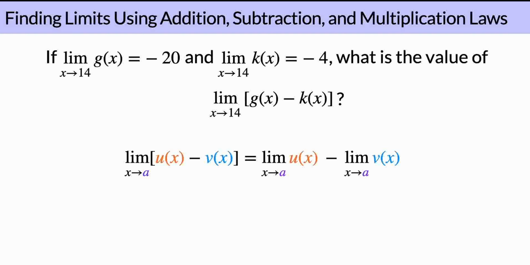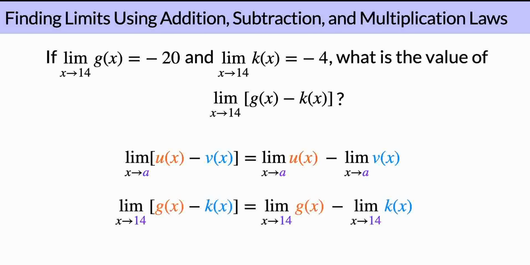The limit of the difference g of x minus k of x as x approaches 14 is equal to the limit of g of x as x approaches 14 minus the limit of k of x as x approaches 14. We know that the limit of g of x as x approaches 14 is negative 20, and the limit of k of x as x approaches 14 is negative 4, so this limit is equal to negative 16.